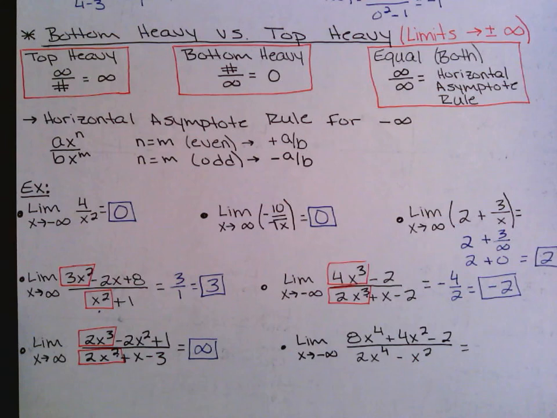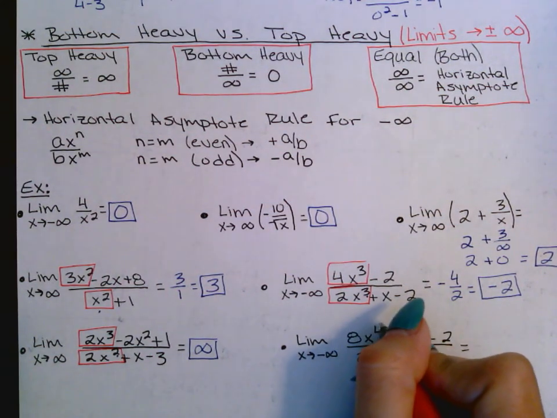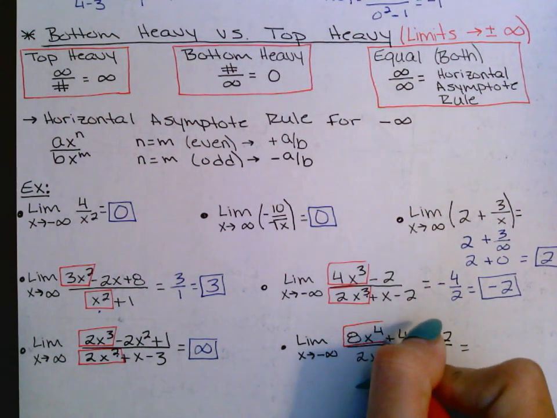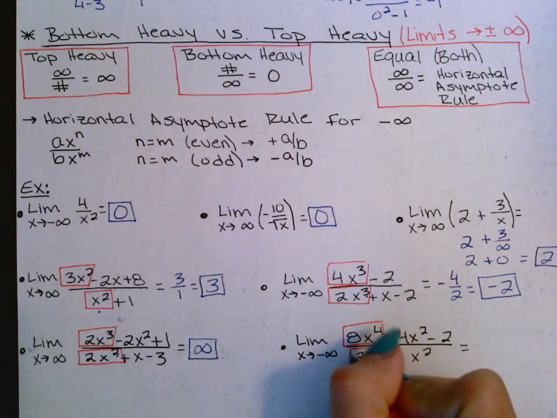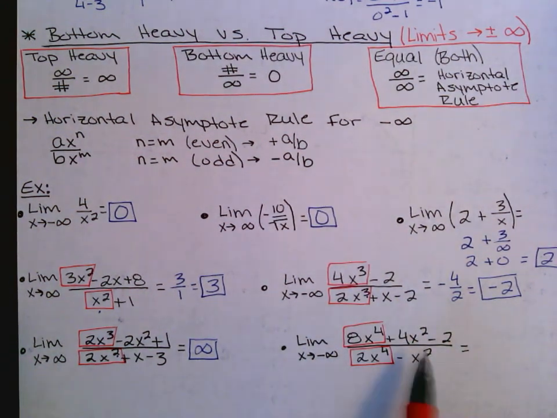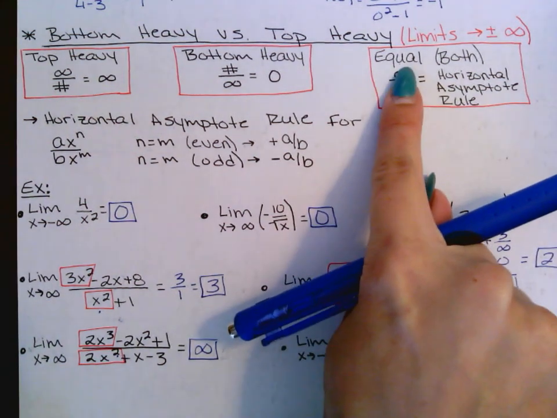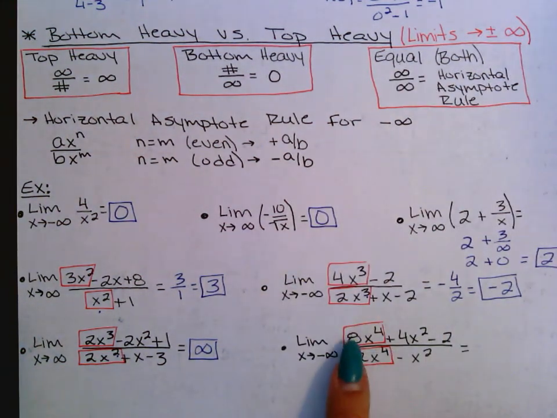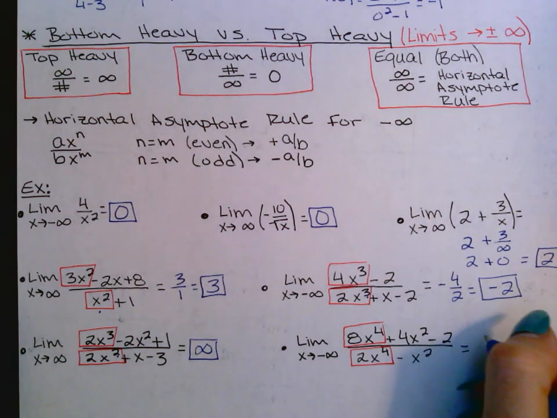Last one. Highest exponent in the numerator, highest exponent in the denominator. And don't always expect them to be the first term. They might try and trick you and switch that around. They're mean like that sometimes. So a 4 and a 4, this is equal in weight. So I'm comparing my coefficients, which is 8 over 2.